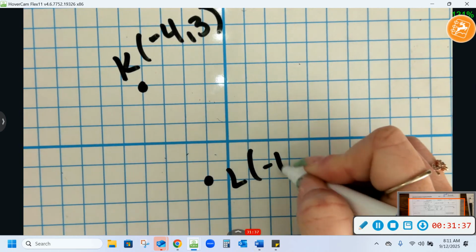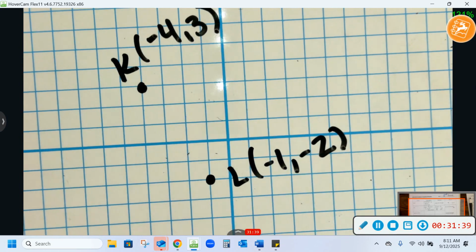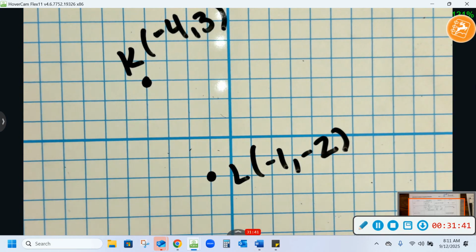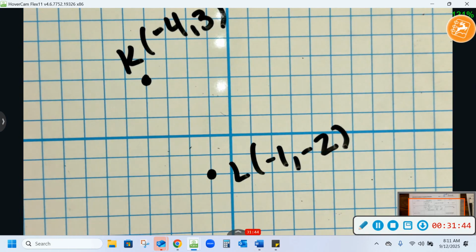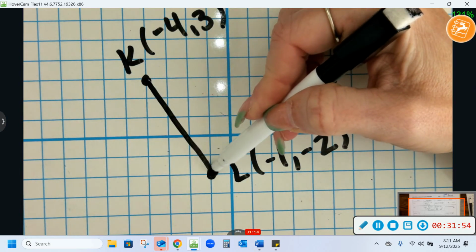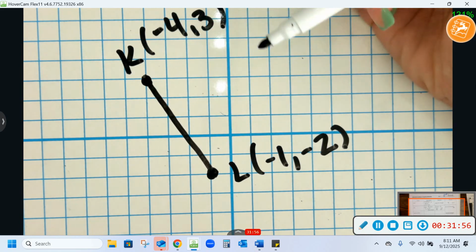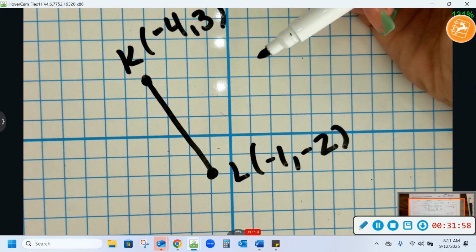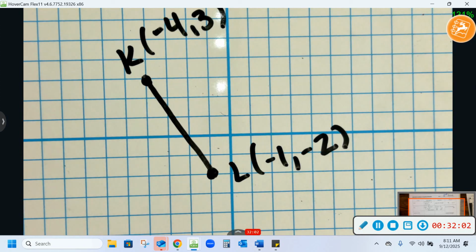That's L. And the question in our notes asked me to find the length of this, or the distance from K to L. That means the same thing. So if I see find KL, that means find the length of KL. If I see find the distance from K to L, that's the same thing, okay?